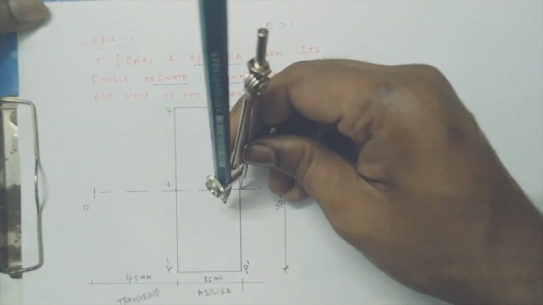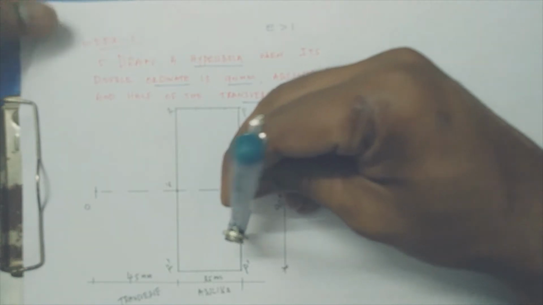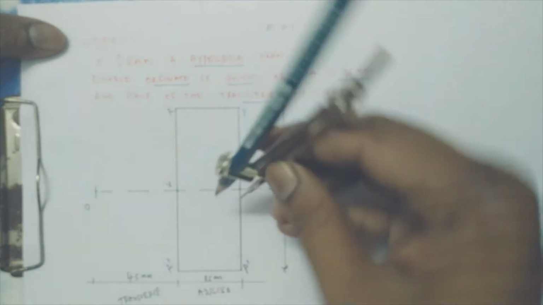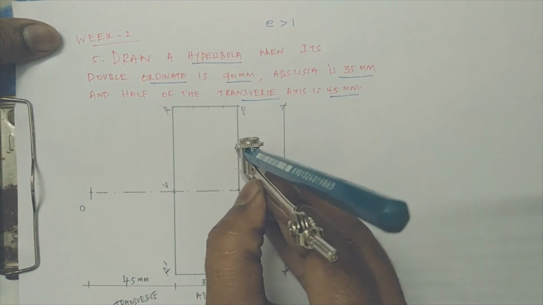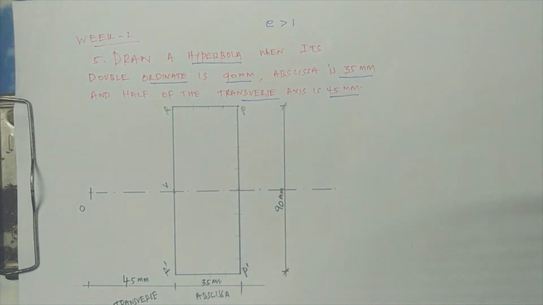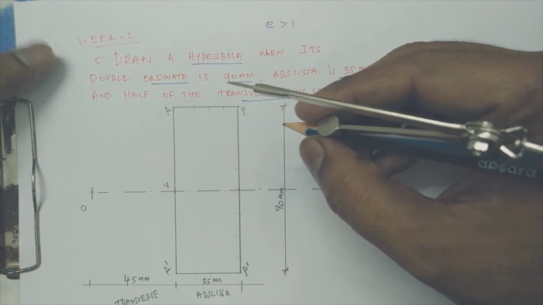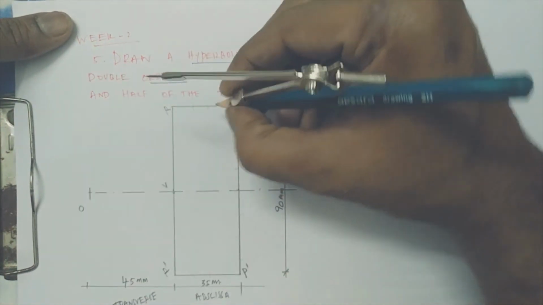Let me mark the divisions 1, 2, 3 in each direction, four parts with three divisions. Now we can name the points. P and P dash are focal points, let us assume.